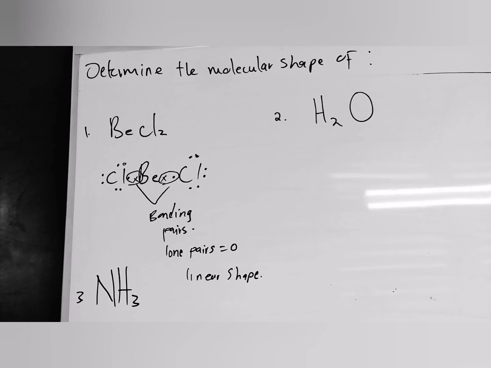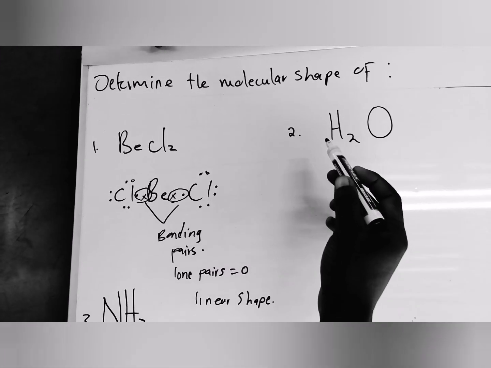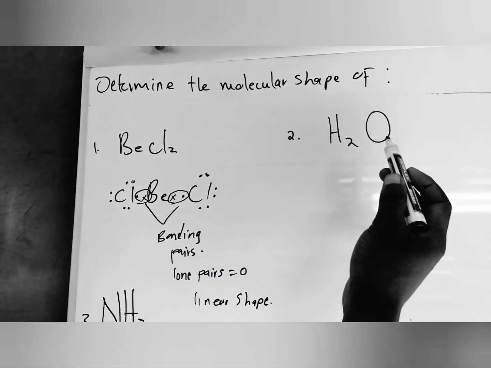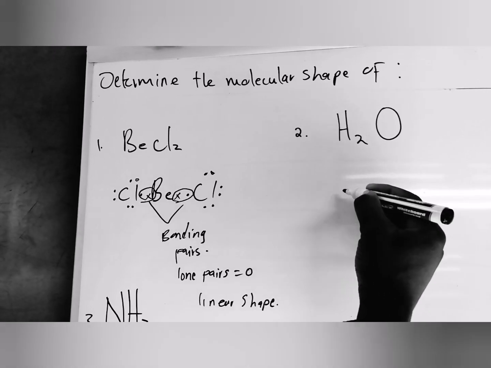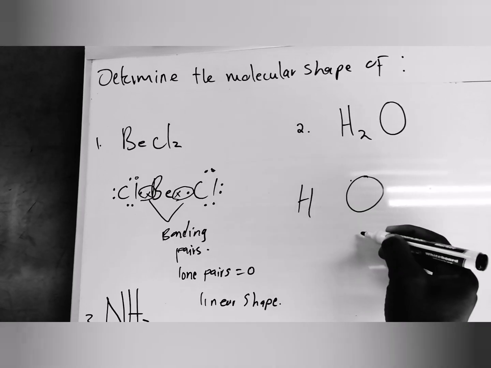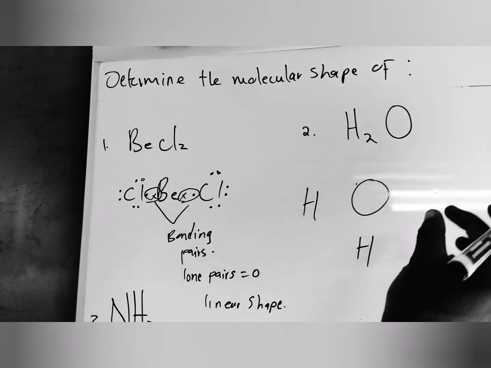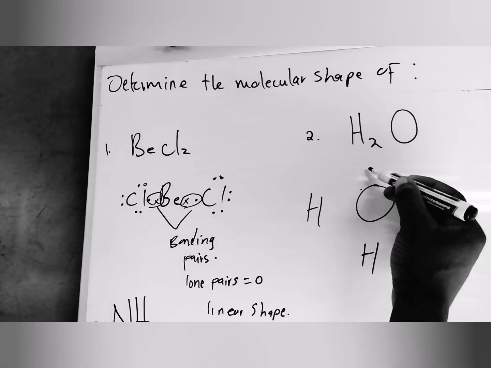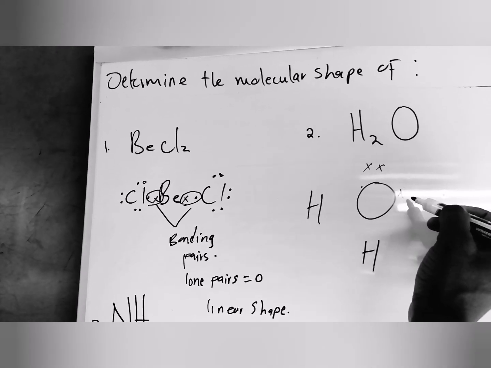Then the first thing you do, draw the Lewis diagram, or you present H2O using a Lewis diagram. Now O will be the central atom surrounded by two hydrogen atoms, even if you can make it linear in shape.